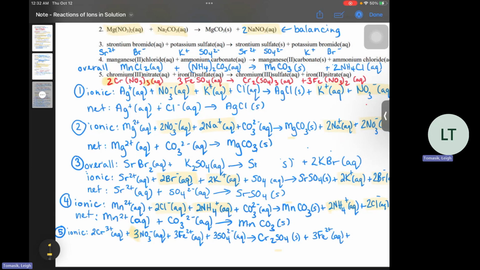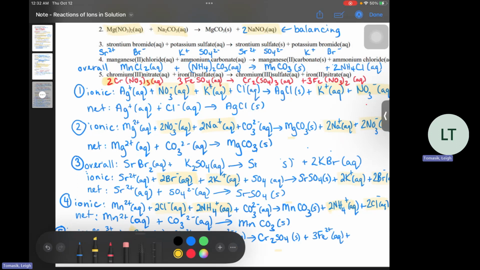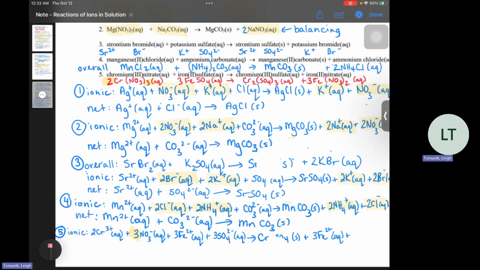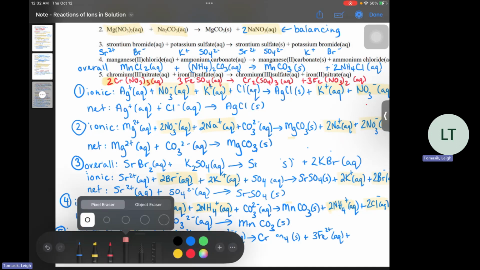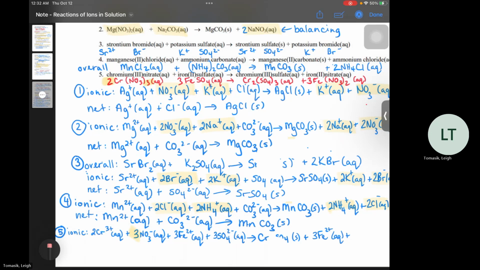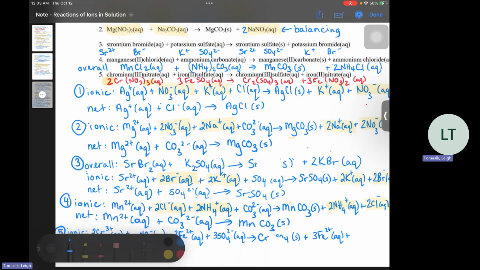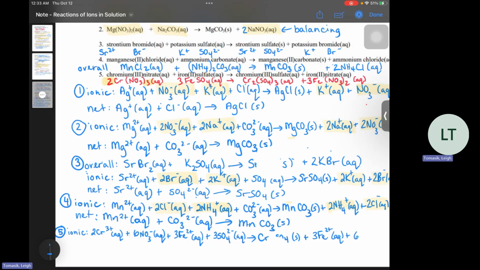But I also have to consider this 2 coefficient. 2 times 3 gives me, instead of 3, I'm going to need 6. And then over here in Fe(NO3)2, I also have 6NO3- aqueous. Okay, now everything is going to work out.